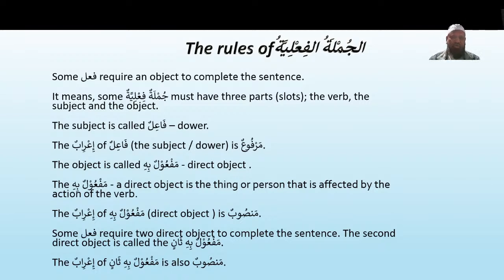The doer is always marfu', and the rest of the things in the jumla fi'liya are mansub. As we go deeper in the lessons, we'll be adding more things into jumla fi'liya.